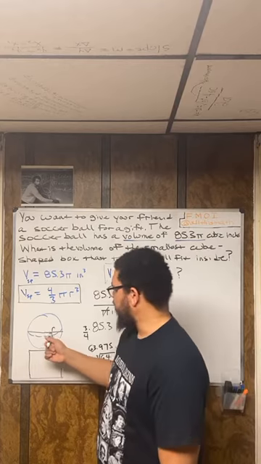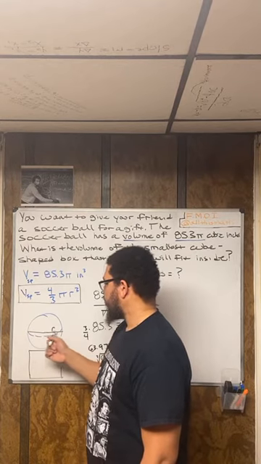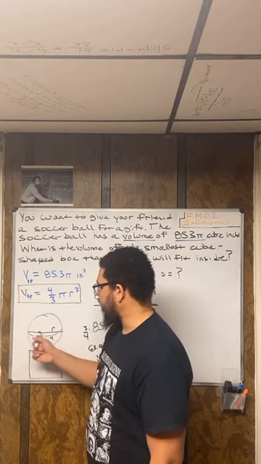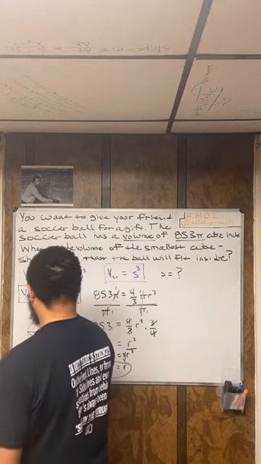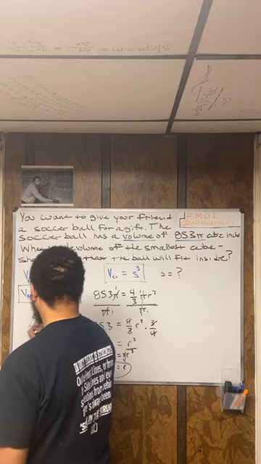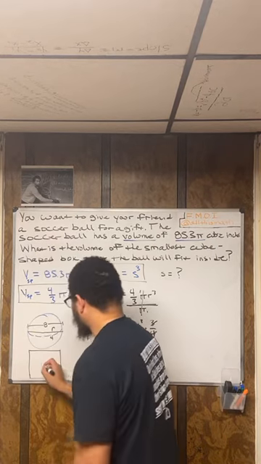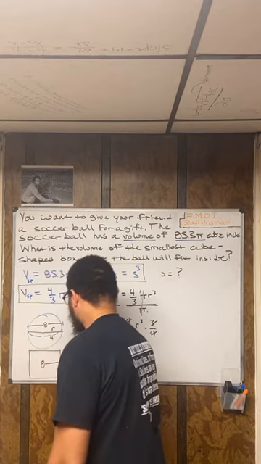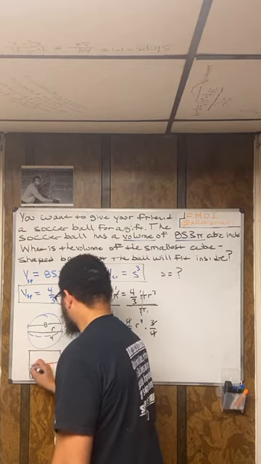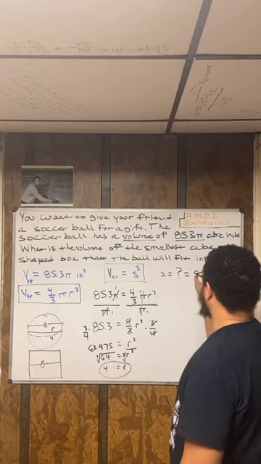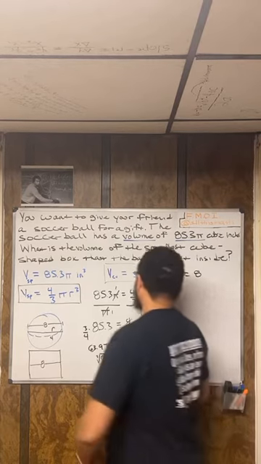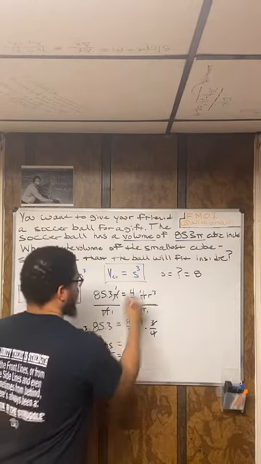Because if from the center to the edge is 4, and then from the center to the edge again, that's 4 plus 4. So that gives us 8. So that means that this box should be 8 across, right?